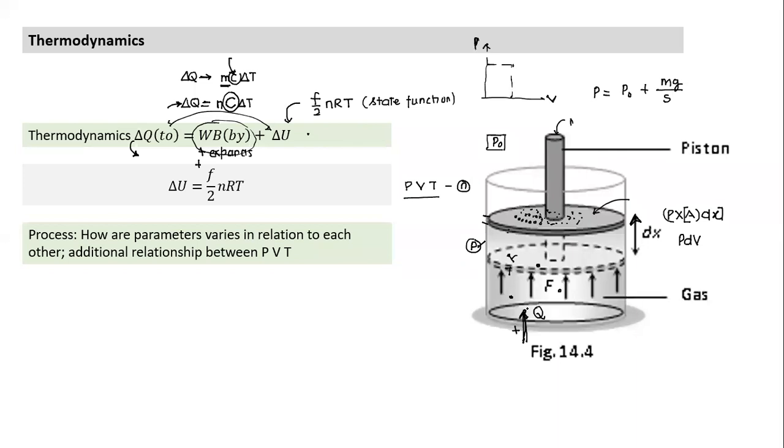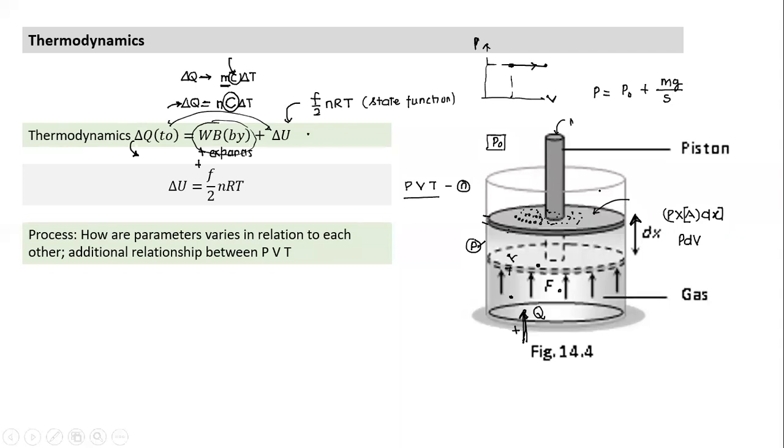When I start supplying heat, I find the piston has moved up. When the piston has moved, volume has increased, but pressure has not changed. How would the process look? The process will look like this. When we say constant pressure process, we should have a clear understanding of what constant pressure means.